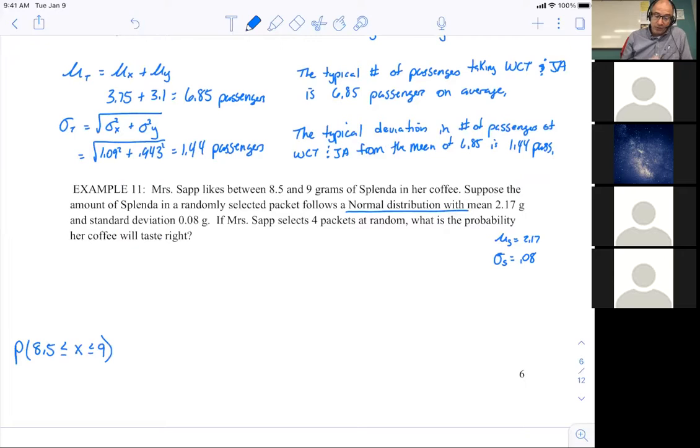So I just introduced this variable X. X is going to equal grams of Splenda in 4 packets. In order to do this, it's going to be a simple normal CDF here, because really what we're doing is we have a probability curve, and we want 8.5 and 9.